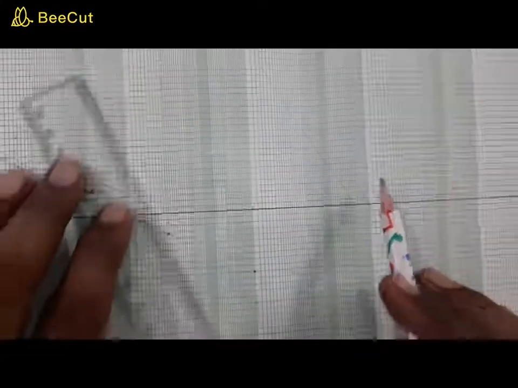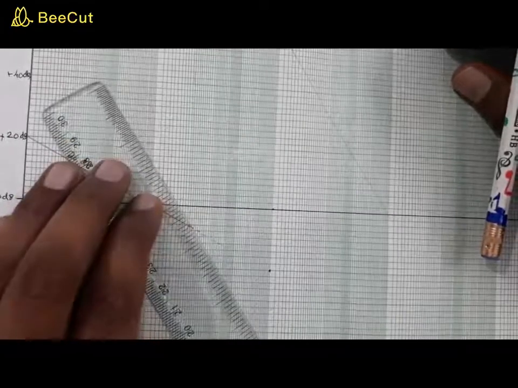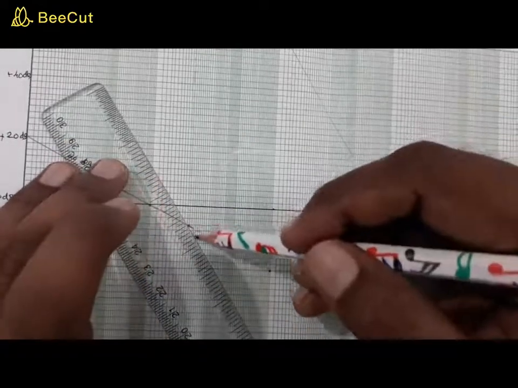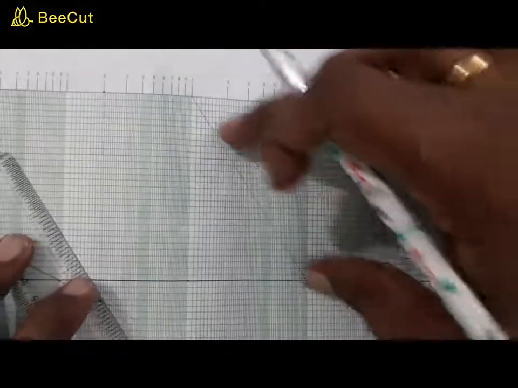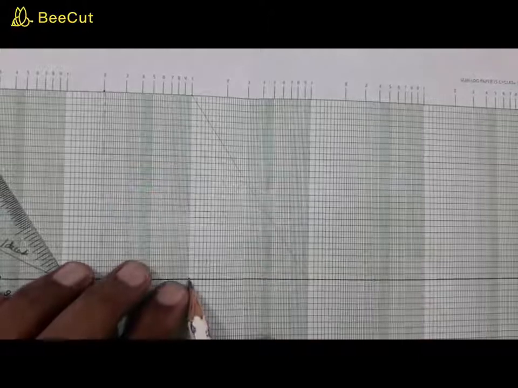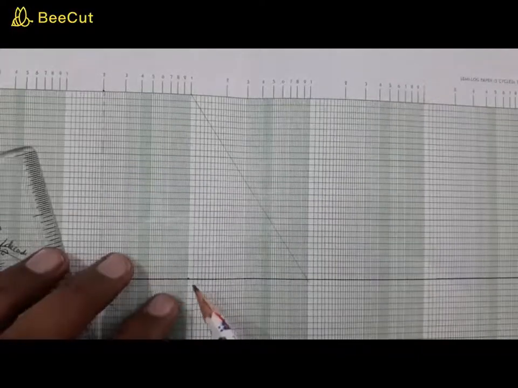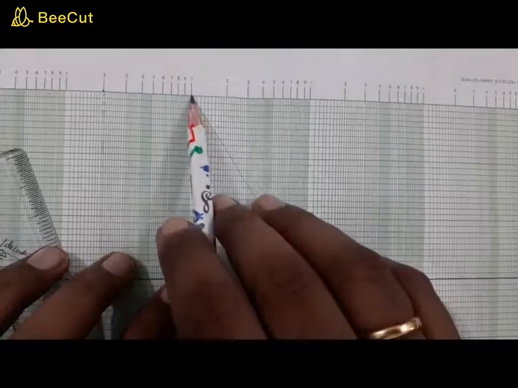Now, if you can draw a parallel line which passes through this, it is going to be having a slope of 60 dB. Why is this called 60 dB? Because look at this. As one moves from 0 dB, at 10 radians per second, this was 60 dB.